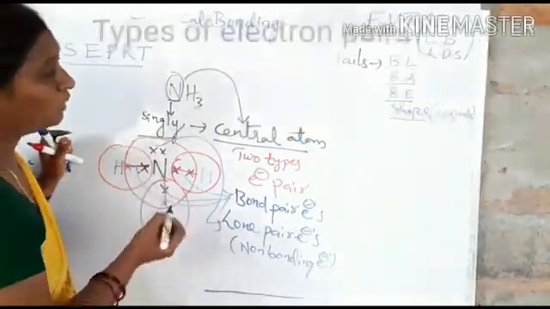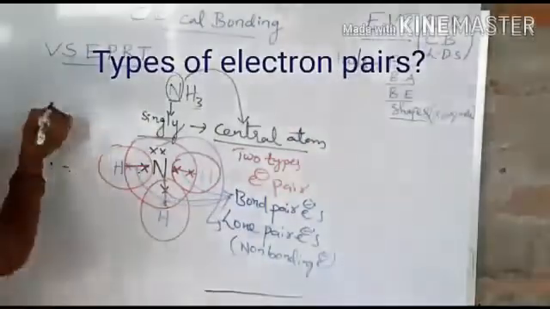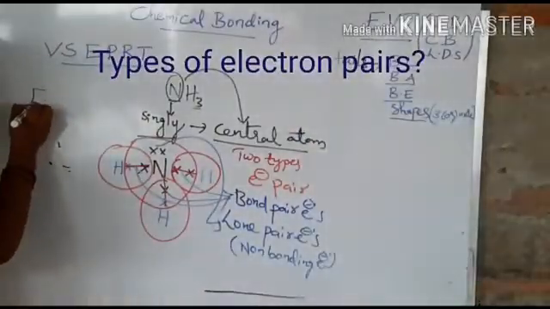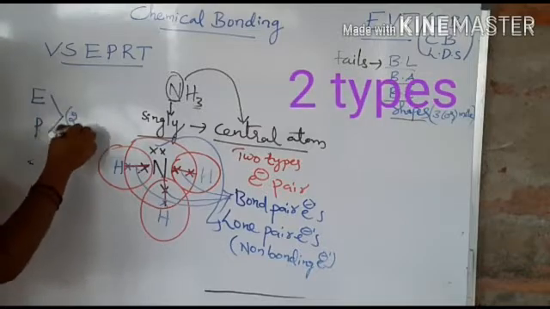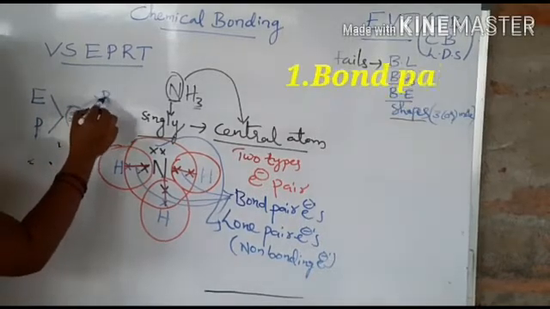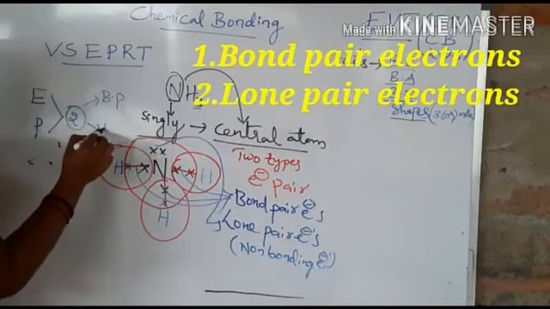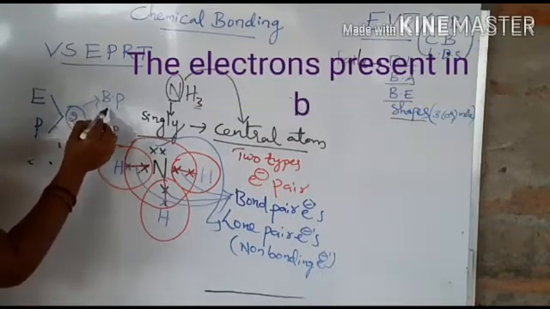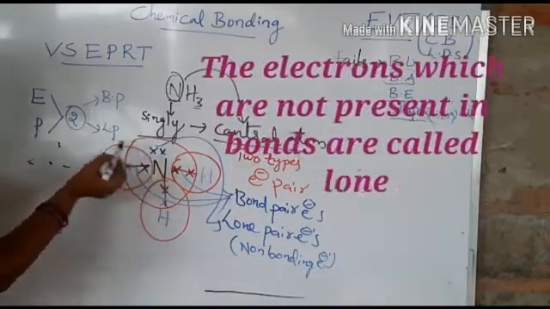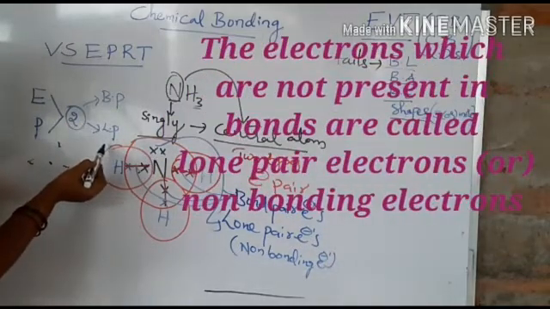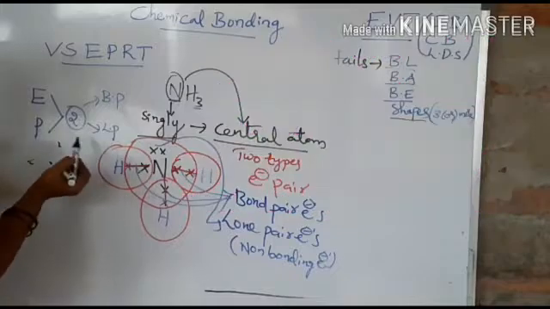Pair means 2 electrons. So how many types of electron pairs are present here? Electron pairs are of 2 types. One is bond pair, another one is lone pair. The electrons present in the bonds are called bond pair electrons. The electrons which are not present in the bonds are called lone pair or non-bonding electrons.